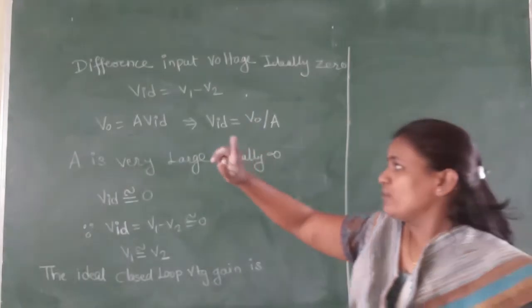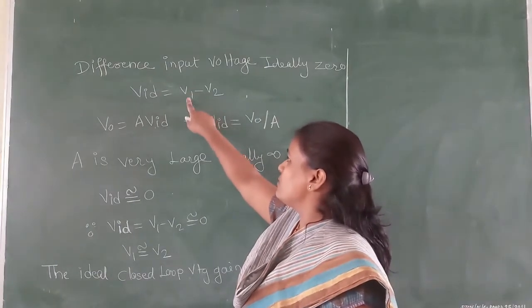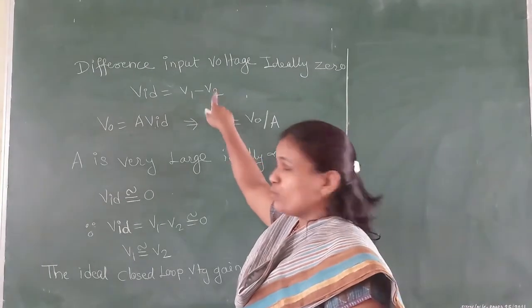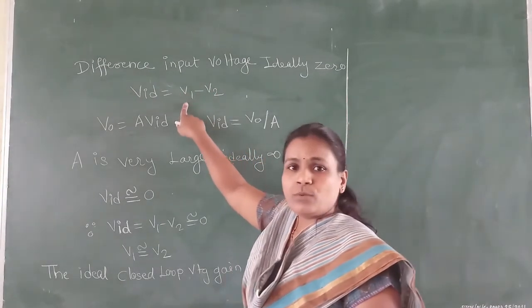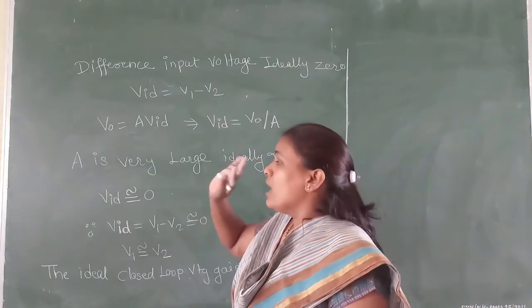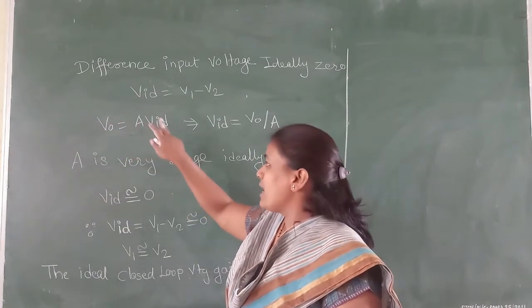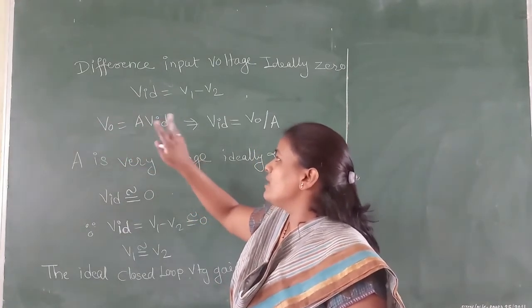The differential input voltage of the op-amp is the difference between the two input voltages, V1 minus V2. V1 is the input to the non-inverting input terminal and V2 is the input to the inverting input terminal. The output voltage equation is V0 equals open loop gain A times the input difference voltage VID.